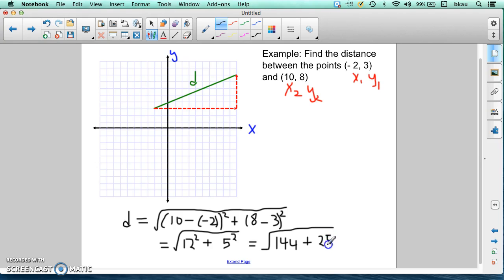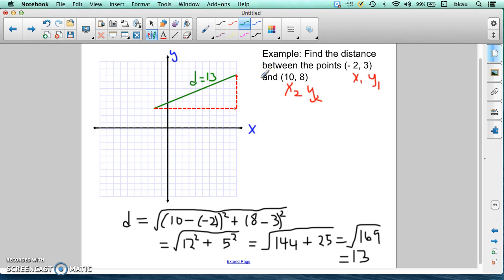Now if we add those up, we're going to get the square root of 169, and the square root of 169 is 13. So we're saying that line length up here, that distance, equals 13 units. We don't know what the units are, but we're saying they're 13 units.